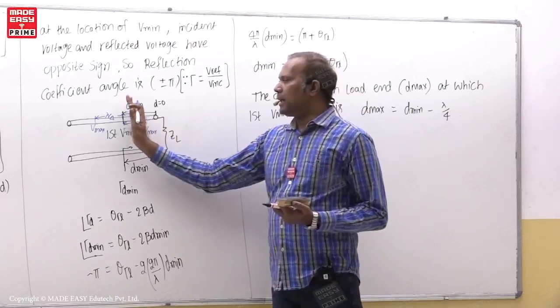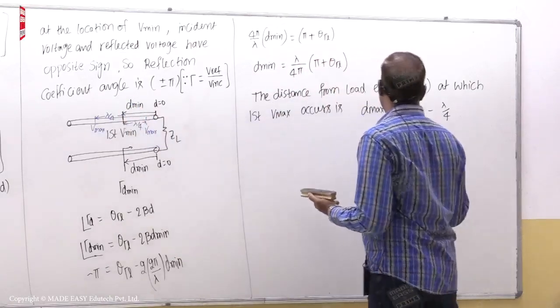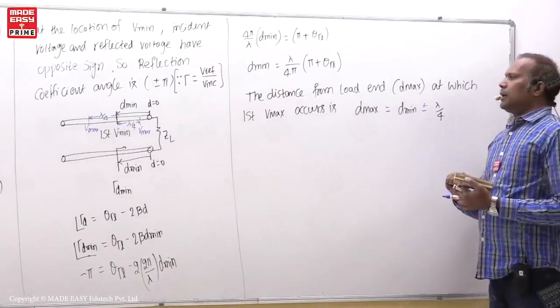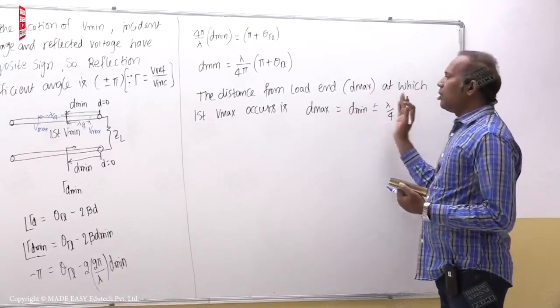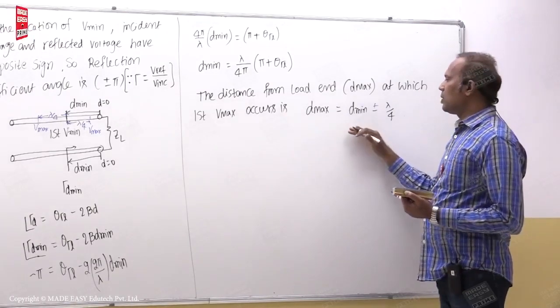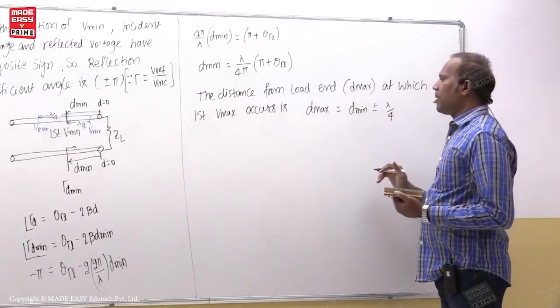So that is D minimum plus lambda by 4. So the distance from load end at which the first voltage maximum occurs, D maximum, is equal to D minimum plus or minus lambda by 4.